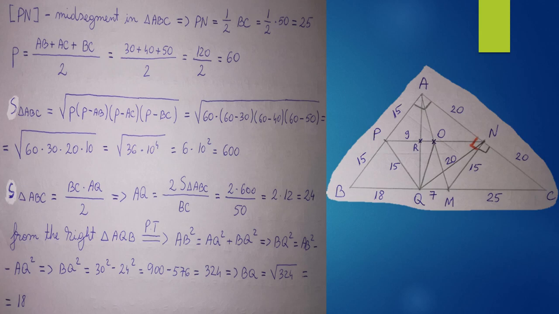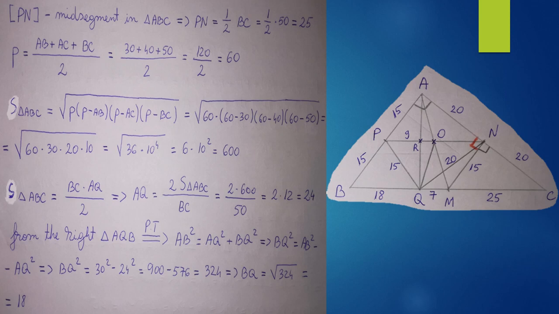So the semi-perimeter of triangle ABC is equal to AB plus AC plus BC, everything over 2, which is equal to 60. The area of triangle ABC is equal to the square root of p times p minus AB times p minus AC times p minus BC, which, by doing the substitutions and calculations, is equal to 600.